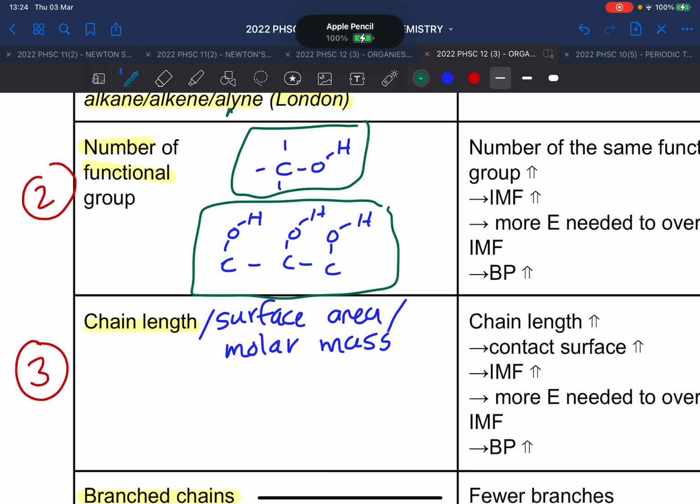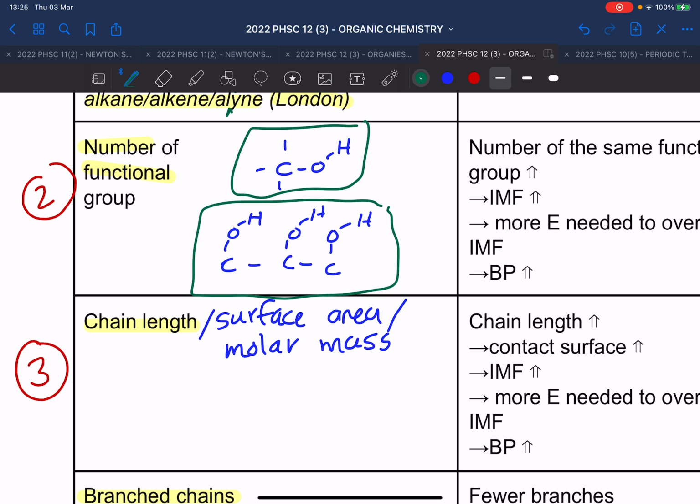Methanol with propan-1,2,3-triol. As you can see, there are 3 ols. Which one will have a stronger intermolecular force? The triol. Why? Because there are 3 places where hydrogen bonding can occur, and this one has 1 place where hydrogen bonding can occur. So this one has a higher number of functional groups, stronger intermolecular forces, more energy is needed to overcome the intermolecular forces, higher melting and boiling point.